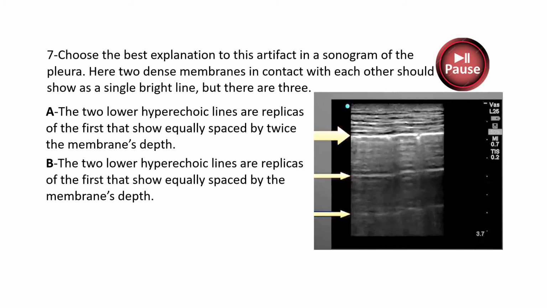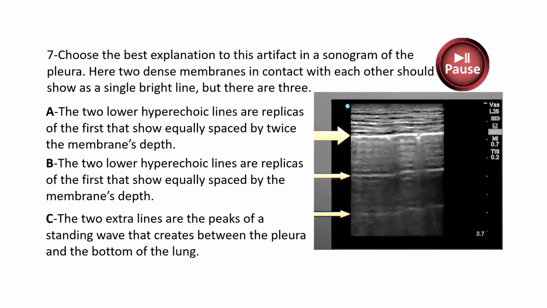B. The two lower hyperechoic lines are replicas of the first that show equally spaced by the membrane's depth. C. The two extra lines are the peaks of a standing wave that creates between the pleura and the bottom of the lung. Hit pause.